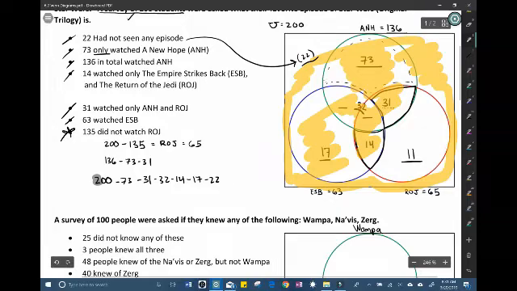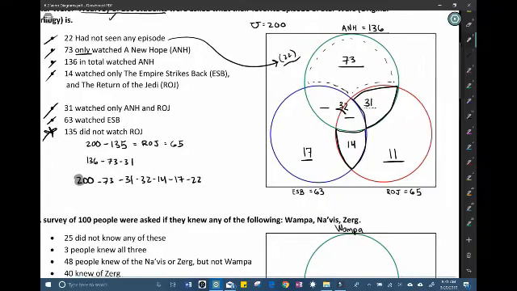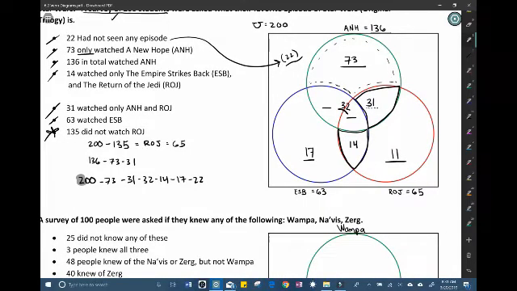Let's erase some of this extra shading. A lot of times once you figure out that one little trick that you need, things start to flow. So Return of the Jedi now, we know this whole thing is 65, and the only piece we're really missing is this right here.